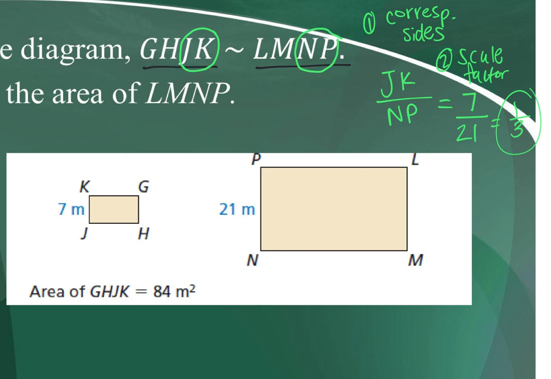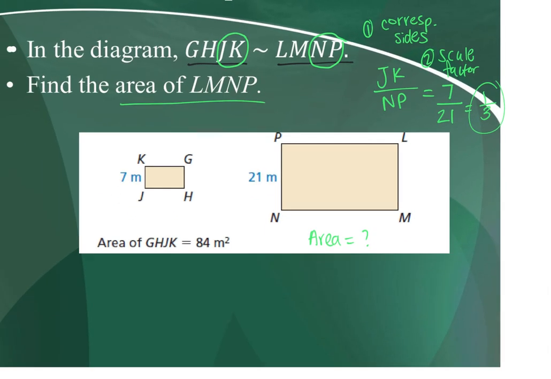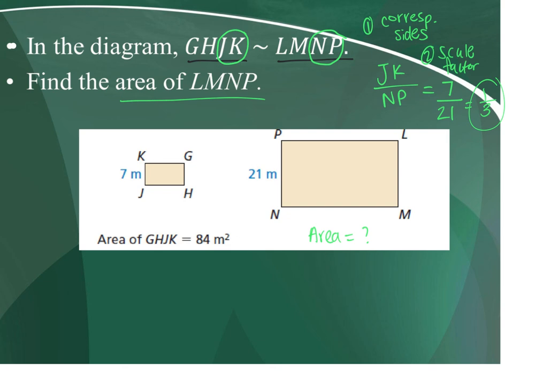Now, when we're talking about area, remember, the area of LMNP, we don't know. So we need to find the area of this one. This is unknown. The area of GHJK is given though.